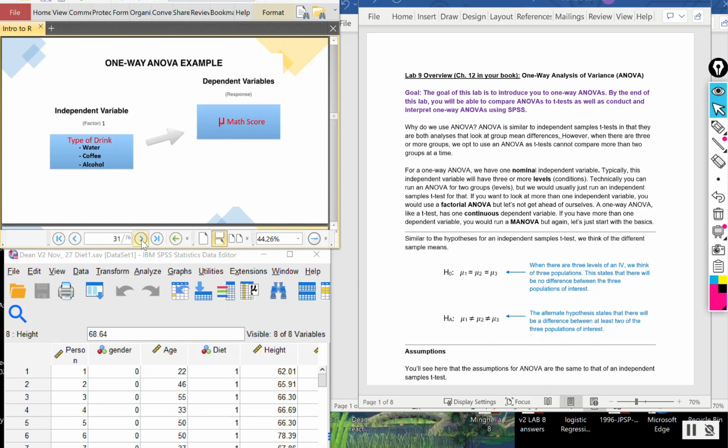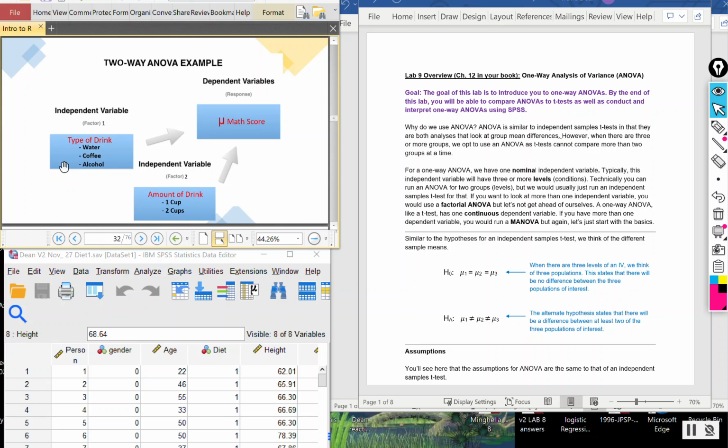Now, what we could add is an additional independent variable. The type of drink is one treatment, one change that we put into this experiment.